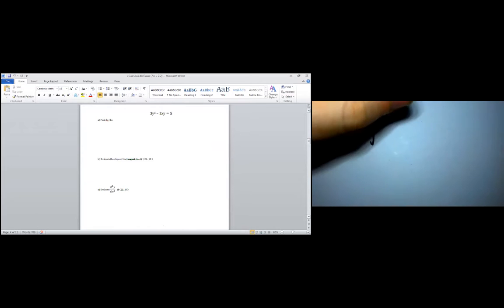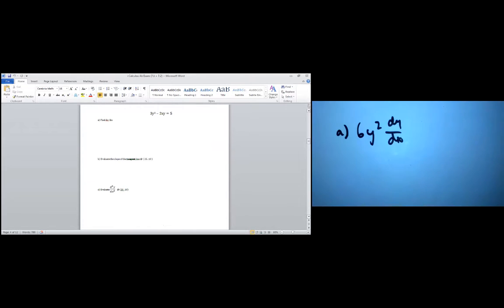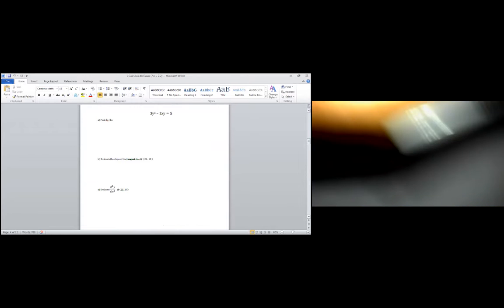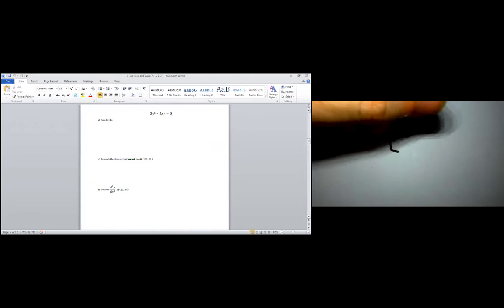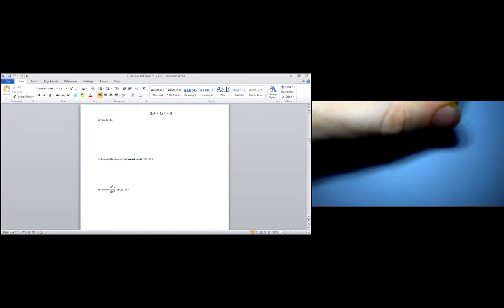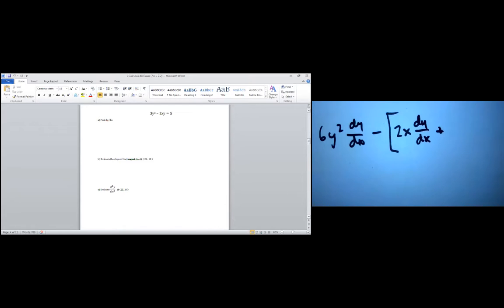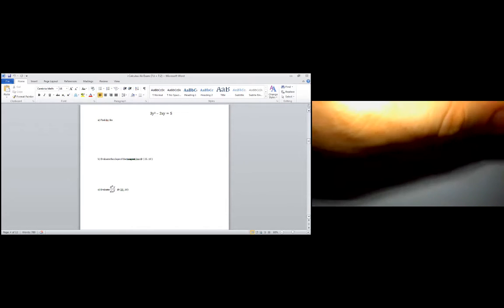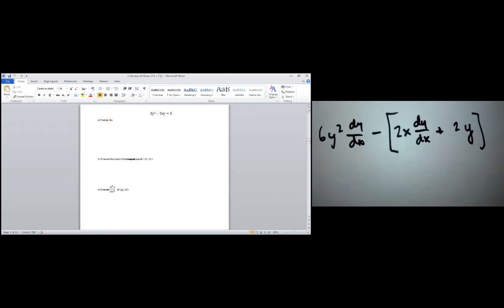So it's going to be 6y squared dy dx minus, I'm going to put a bracket up there because we have a product rule. So it's going to be first times the derivative of the second, plus the second times the derivative of the first. We should have done enough of those that it makes sense now to just slide the 2 out front.